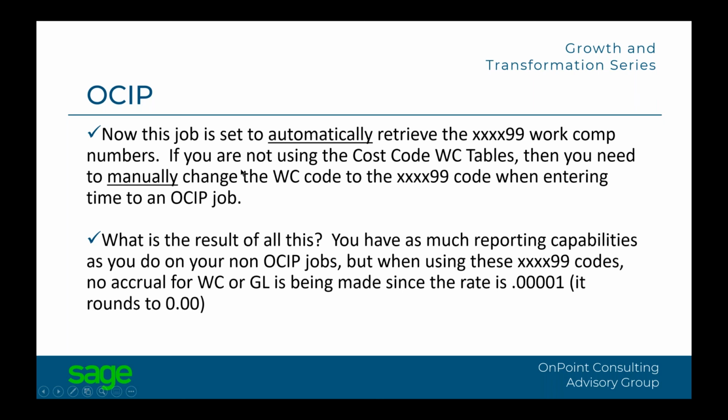But if you're not using those cost code work comp tables, then you'll need to manually change the work comp code to the 99 code when entering time on an OCIP job, because it's going to default with however it's finding his work comp code right now, but you'll just have to add the 99 on the end of whatever it's pulling up.